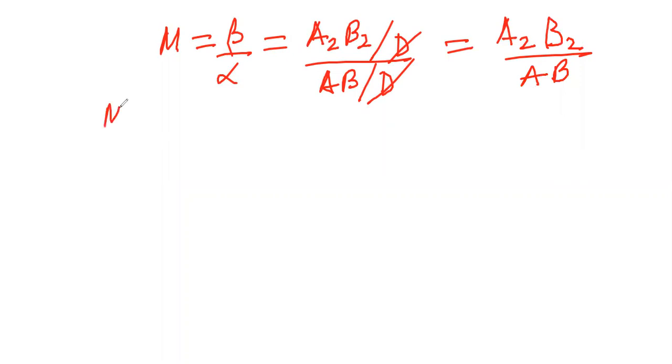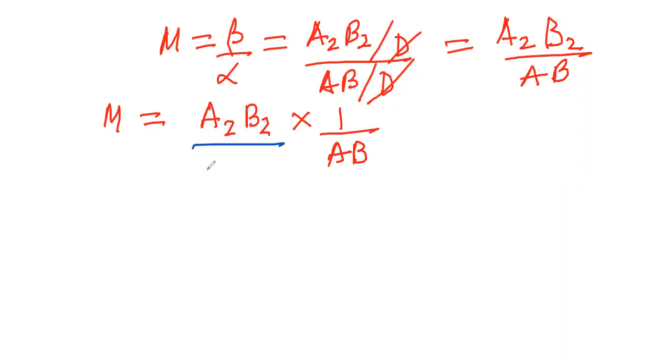Now I will do a simple mathematical placement over here. I will just write A2 B2 by AB. Now what I am doing, children, I am multiplying the numerator and the denominator with A1 B1.